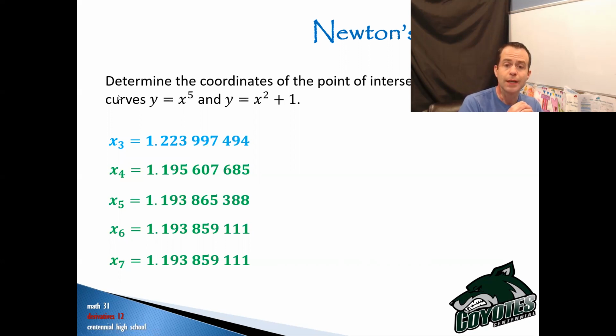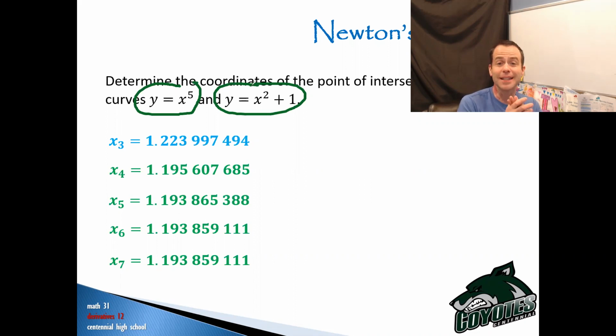And so that is the x value of the point of intersection of these two original equations. Sorry, I hesitated there because I had to turn my ink on so I could circle the original two equations for you. Okay, but that's not what the question asked. The question said, what's the coordinates of the point of intersection?